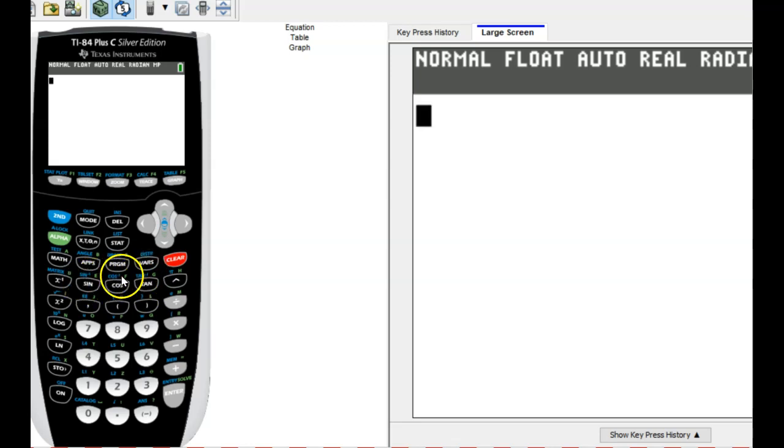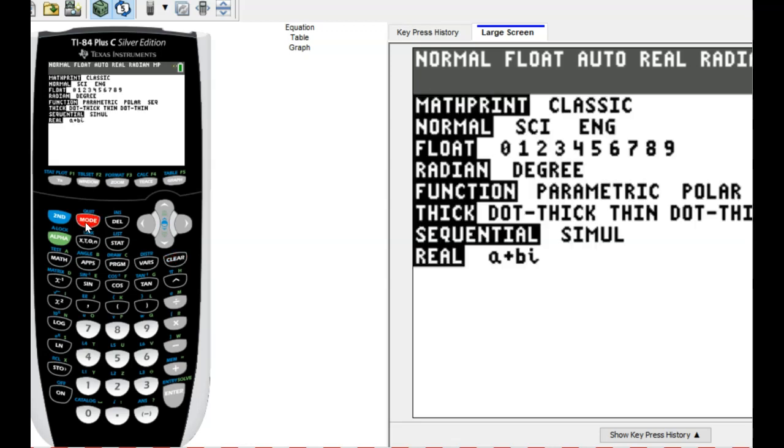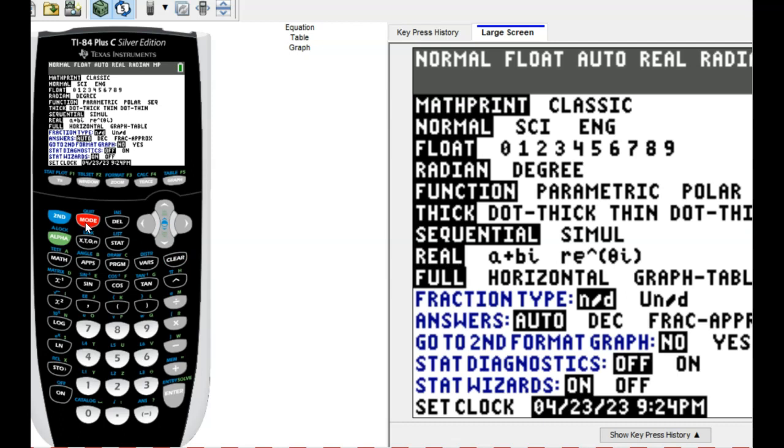That's where you get the inverse function. For all the blue ones, you'll hit second first, for when we get to the part where you need that. But first, we have something even more important. When we use sine, cosine, and tangent, you can use degrees or radians.